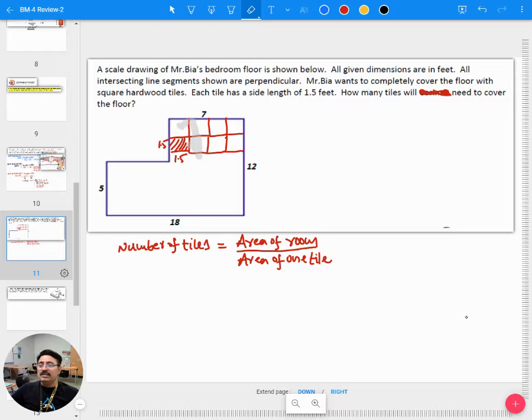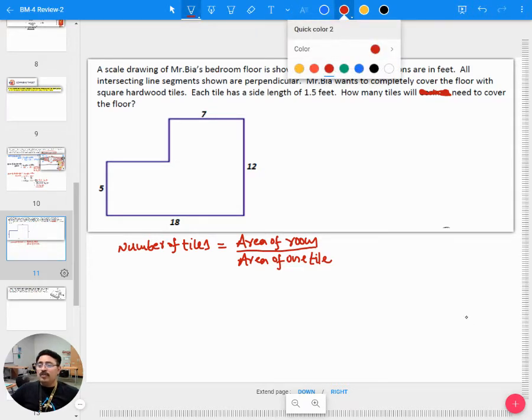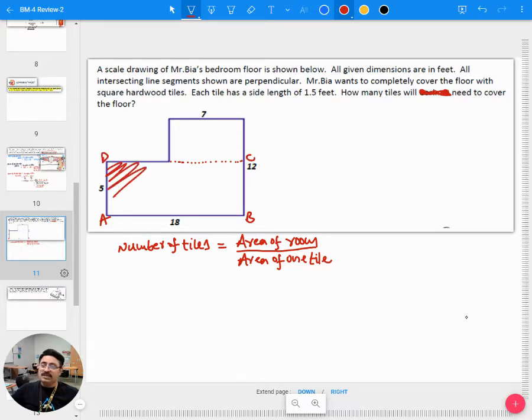let me clear off all these, just to give you an idea I have drawn. Okay, so I can divide the given room into two parts. Do you see that there are two rectangular parts? So let me label this one as A, B, C, and D. This is one rectangle, and this is the other rectangle.